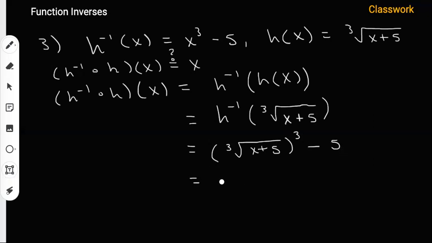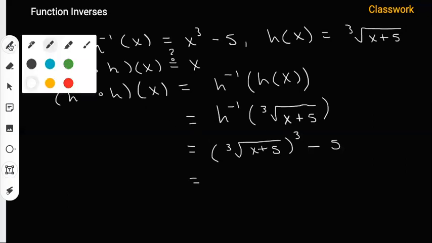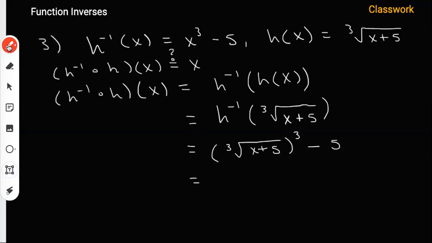So what happens here? Well, we have a cube root on the inside. We're raising that cube root to the third power. So actually, these 3's are going to cancel out. Whatever I have on the inside is just going to be brought out. The X plus 5. And then I bring down the minus 5. So what happens there? The plus 5 and the minus 5 cancel out to give me 0.